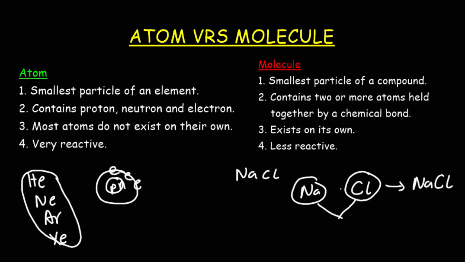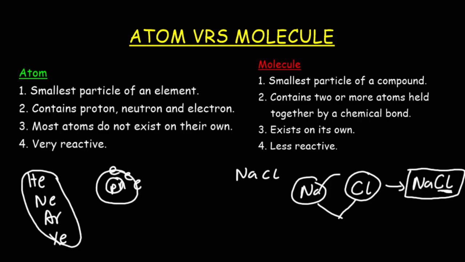And these two atoms come together by one giving out an electron and the other accepting the electron. And so when they come together, it becomes stable. All right, because you have given an electron, you have accepted an electron. So this molecule is stable, and because of that, it can exist on its own.